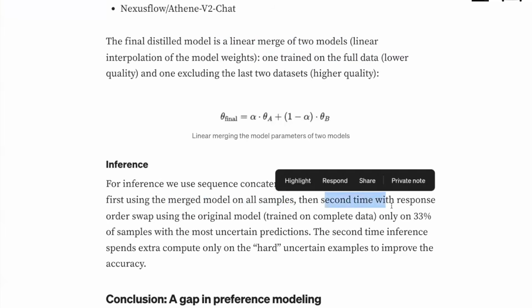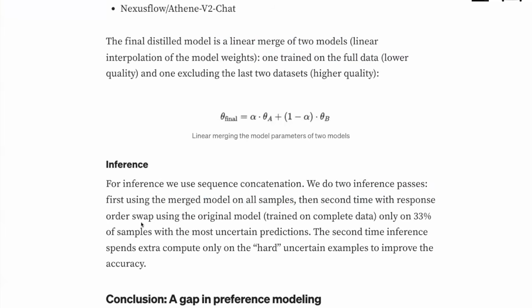The second time they do a response order swap, because people find that the preference can differ depending on which response comes first. Like if response A comes first in your input versus B first, you may get different preference output.